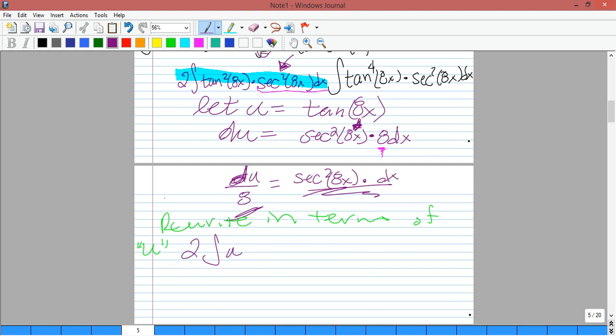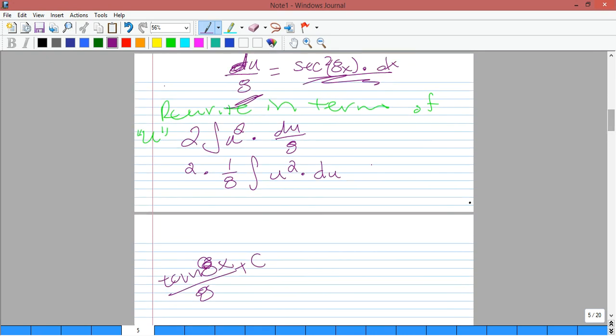In the u layout we have a singular tangent. So all we're going to do is put a squared right there, and that solves it. Then we're going to write our du down. It's actually a du over 8, and that's fine. We're going to bring out the constant. And then we're going to have this u squared times the du, and our derivative is present.